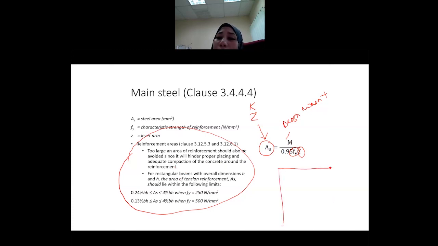Sekarang ni awak ada beam macam ni. Okay. So, you pun letaklah bar, steel bar. Steel bar you besar gila. Okay. So, logically speaking, how you going to masukkan you punya concrete dalam this area, sebab steel bar you memanjang ke sana.